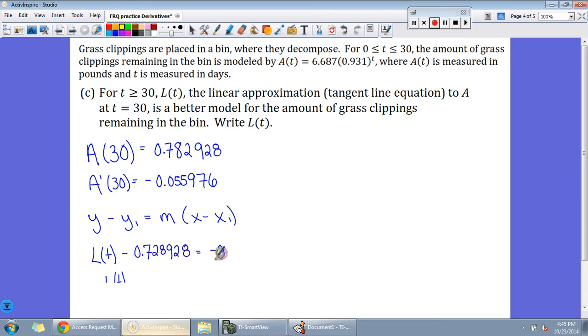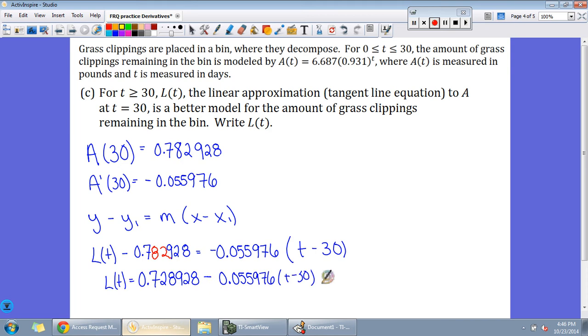We've got our y value. Oops, I have a mistake there. And now that's fixed. So we've got the y value, we've got the slope value, and then we have t minus 30. And because they've asked for just L of t, you need to make sure you move that y value over. You can distribute if you want to, but that is enough, so we can move on to part D.